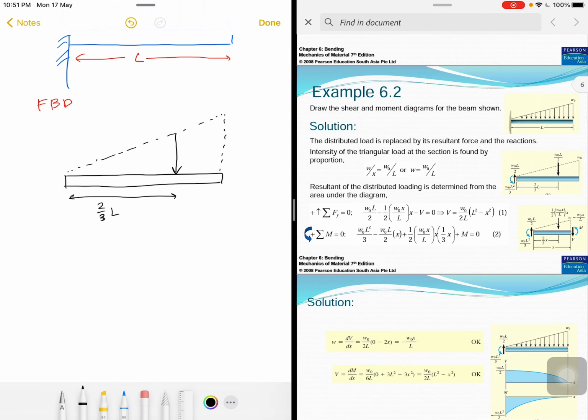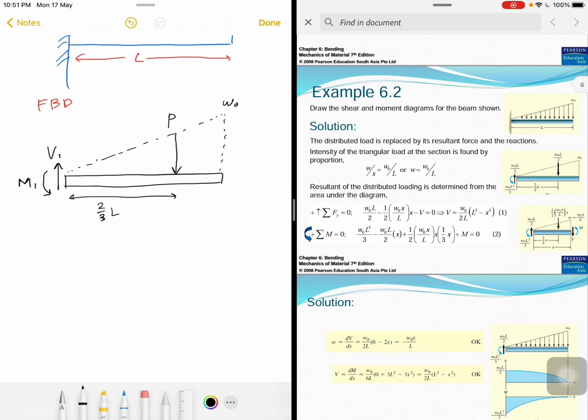So we have a reaction force right there, V1, and this one we call P, and we have moment right there, and this we call M1. From this free body diagram, I think that's all the components involved. So we have W naught over there.